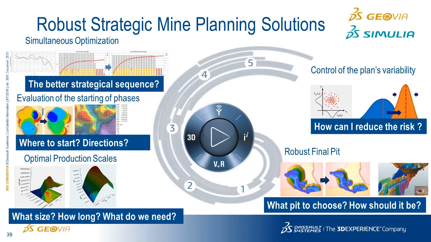How does the schedule react to changes in those inputs, in choosing a schedule that's right? Because obviously at a strategic level of plan, we're looking at a 20, 30-year mine life. Obviously all these parameters are going to change, and how does my schedule react to those changes? This approach will allow me to control that better and be able to react to those changes better as well.